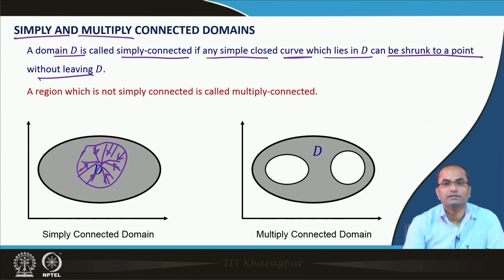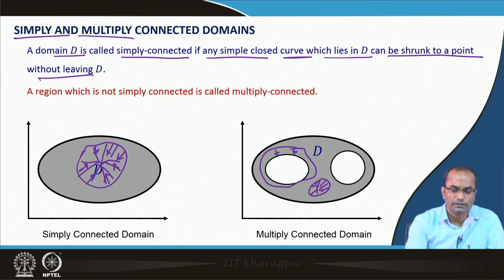For instance here, not all curves have this property. If you take this one, this can be shrunk to a point without leaving the domain, but if I take this curve here and try to shrink it to one point, this is not possible because this is not a part of the domain.